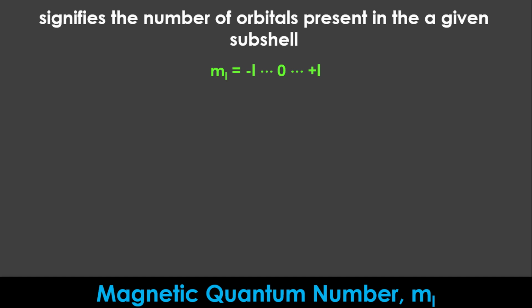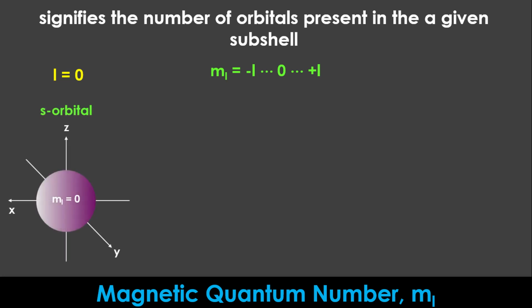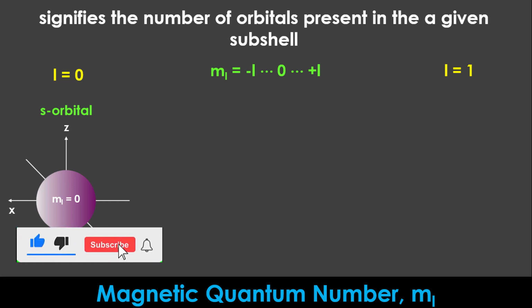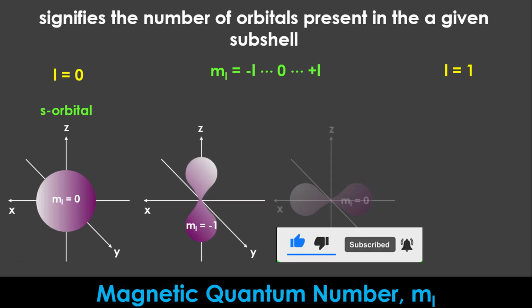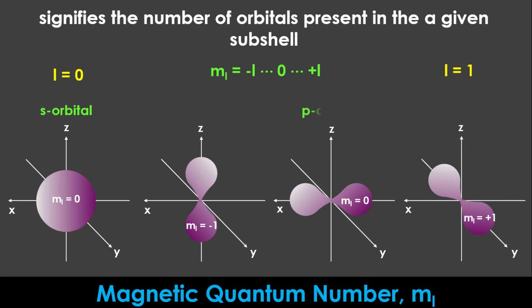For example, when l equals 0, m sub l will have only one value, which is 0. That is why there is only one orbital in the s subshell. Also, when l equals 1, the values of m sub l will be -1, 0, and +1, which explains why there are 3 orbitals in the p subshell.